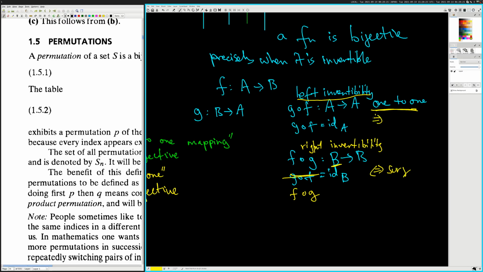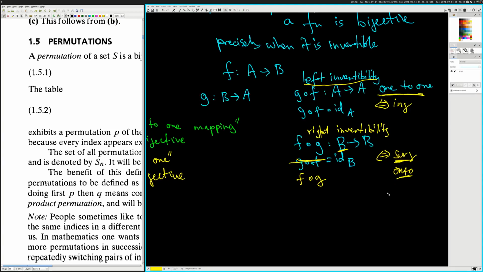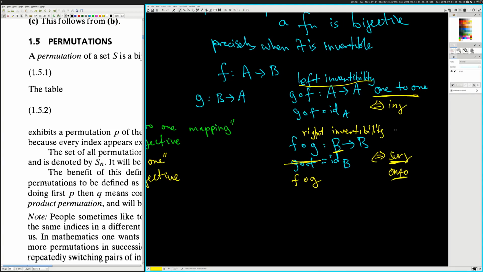So this is equivalent to surjective. And this is equivalent to injective. So sur is a Latin or French prefix that means onto. Surjective mappings are often called that by older mathematicians. You'll hear them use the word onto. Surjective and then injective.